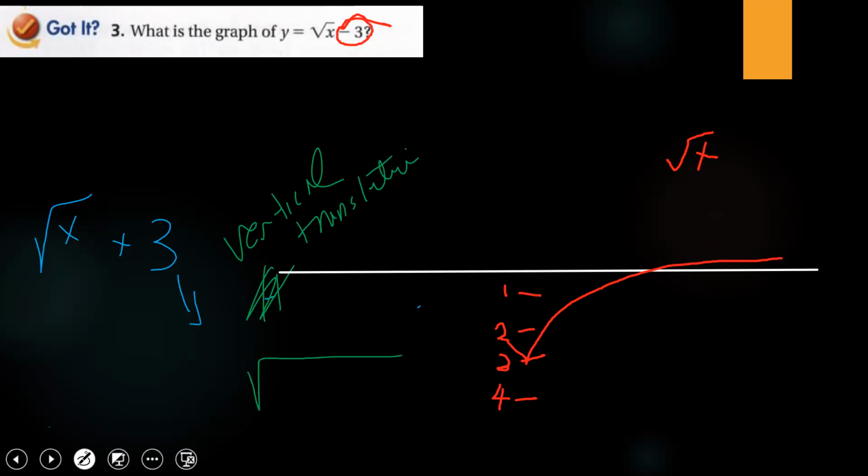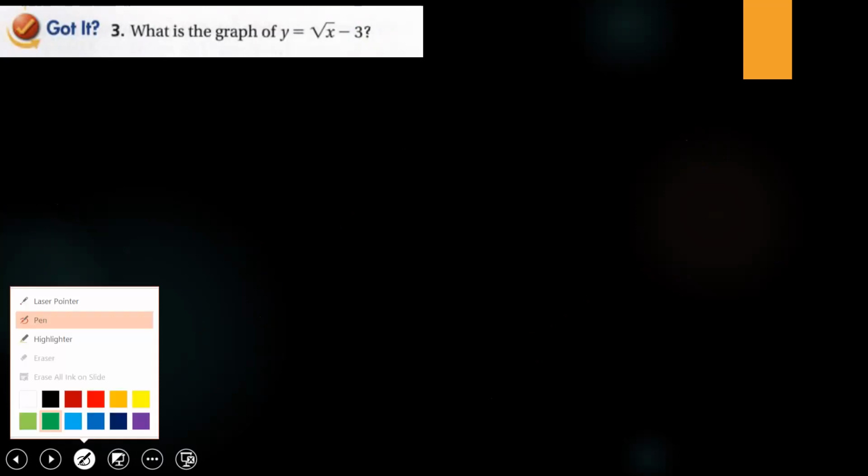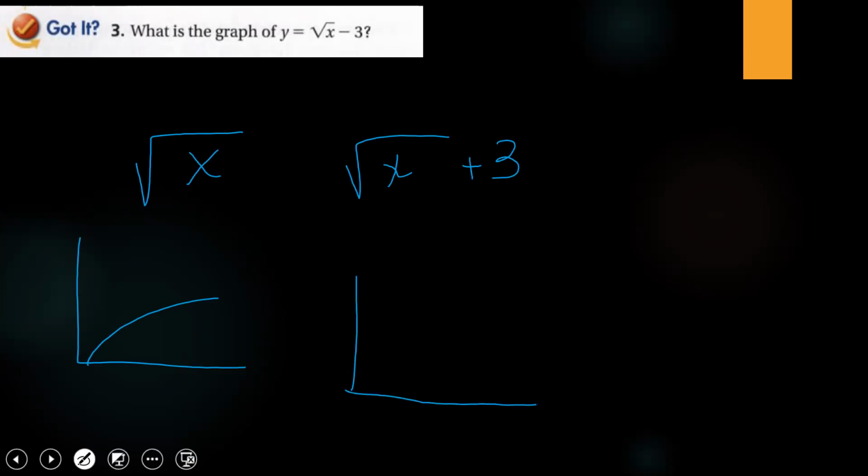I repeat here: if we have the square root of x and we have the number 3 or minus 3 outside the radical sign, that means I have to shift it up or down 3 units. So the number outside the radical means we are talking about vertical translation.